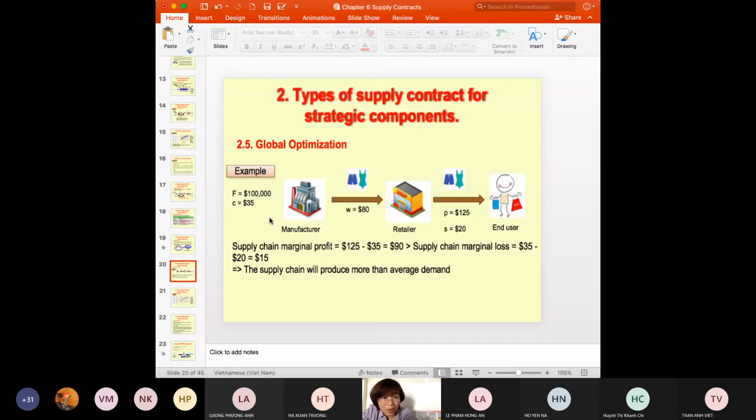It means from the variable cost to the end customer, the difference here is 90. But the supply chain marginal loss is 35 minus 20, where 20 is the salvage price you sell at after the end of the season. You get 15. So compare that: you see the profit is larger than the loss. So the supply chain will produce more than the average demand.